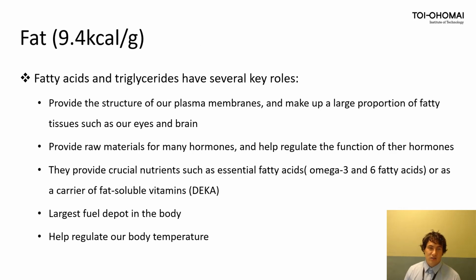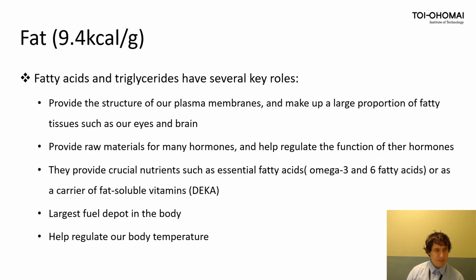Fatty acids and triglycerides have several key roles. They provide structure to our plasma membranes. Remember those phospholipids we talked about in HAP? And they make up a large portion of fatty tissue, such as our eyes and our brain. They provide the raw materials for many hormones, help regulate functions of these hormones.